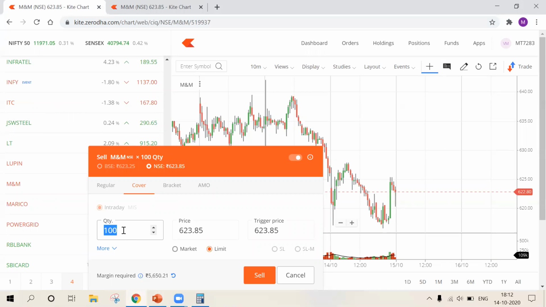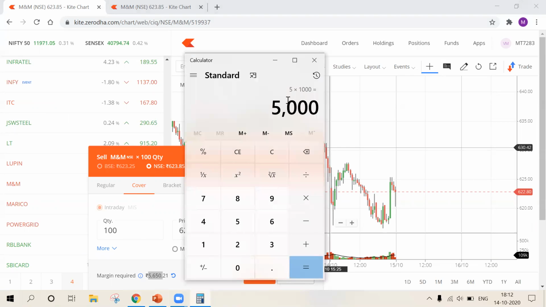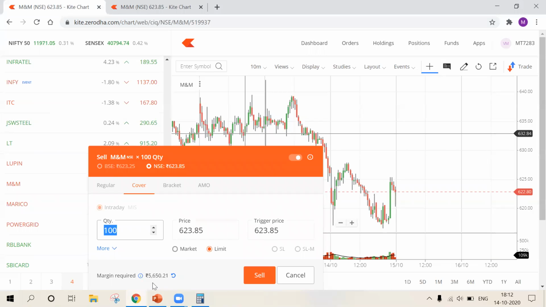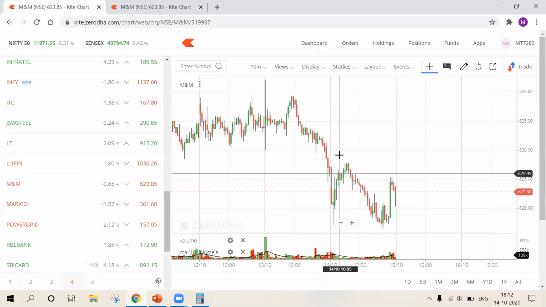To trade 100 quantities, I need only 5,600. And if I invest 5,600 with this strategy in M&M, my profit, since I got 5 pounds profit, is 5 into 100 quantities. So I'll be getting 500 rupees if I invest 5,600 here.